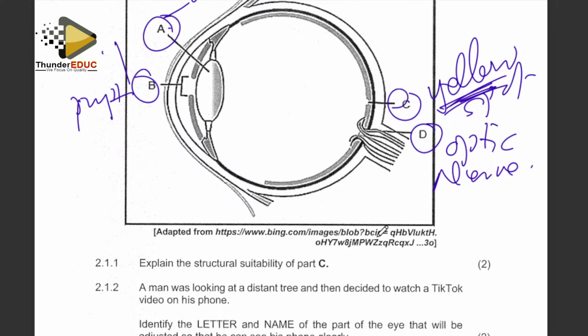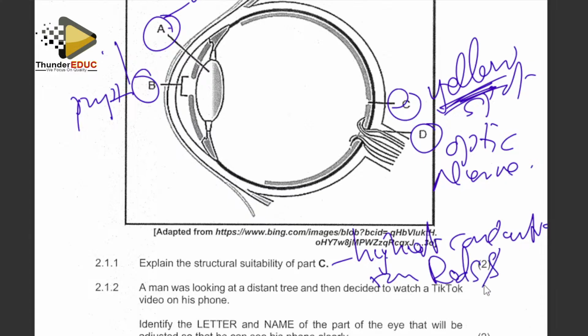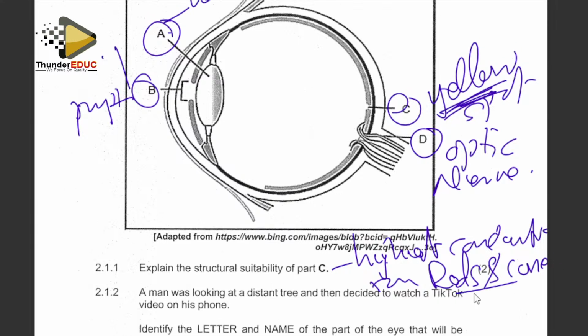They want the structure, meaning that it has the highest concentration of rods and cones. What makes the clearest image form there is that it has the highest concentration of rods and cones, or the highest concentration of photoreceptors.